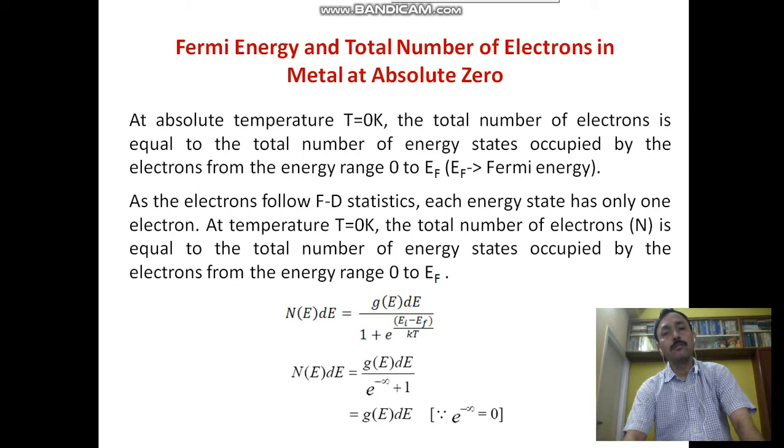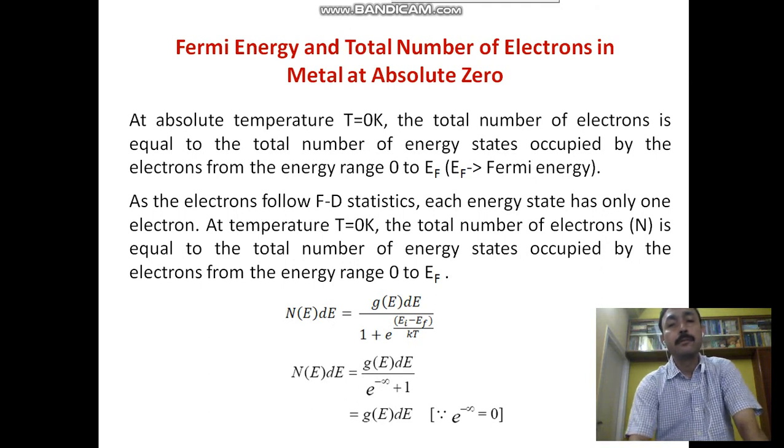As electrons follow Fermi-Dirac statistics, each energy state has only one electron. So at T equal to 0 K, the total number of electrons N is equal to the total number of energy states occupied from 0 to EF.